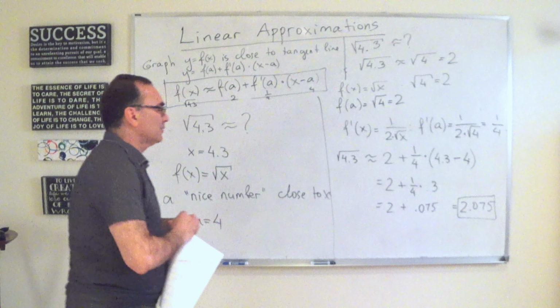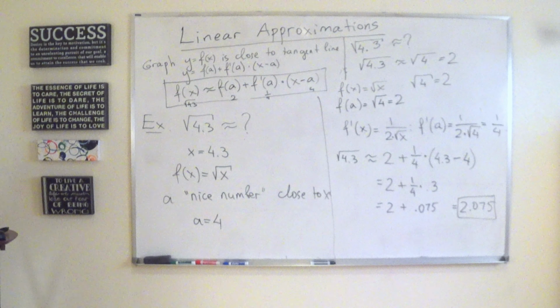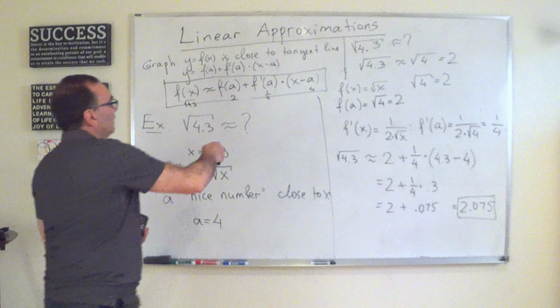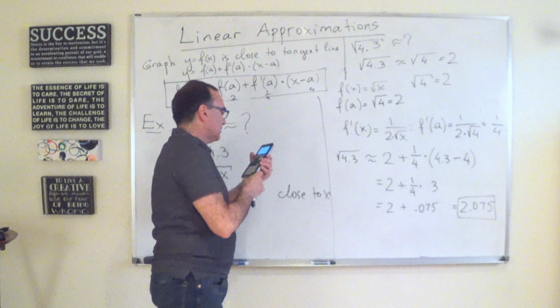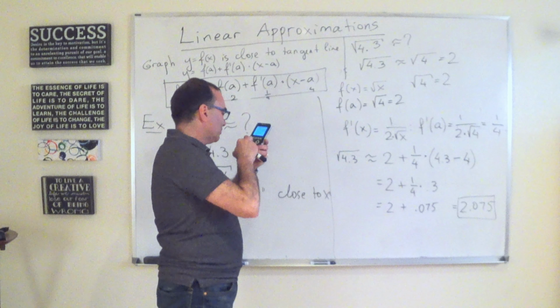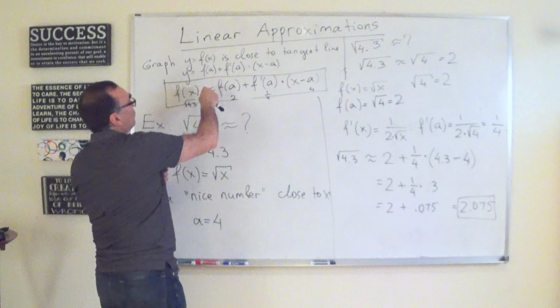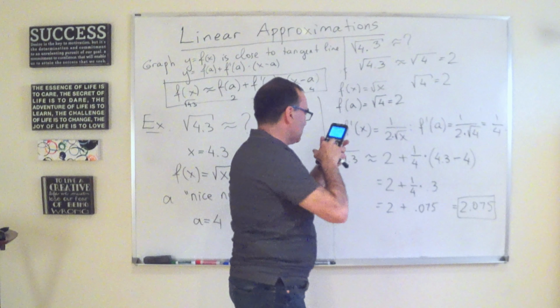Now, to double check, we can actually calculate it on the calculator. To double check this calculation, we can just punch in square root of 4.3 and see what the calculator does.